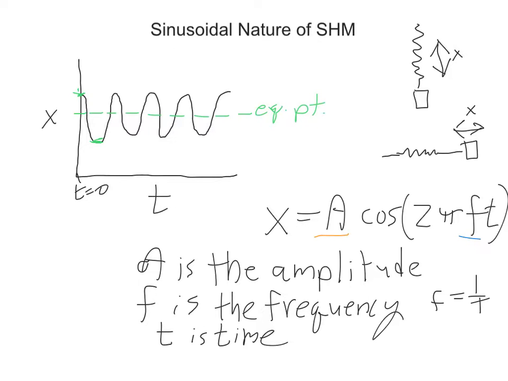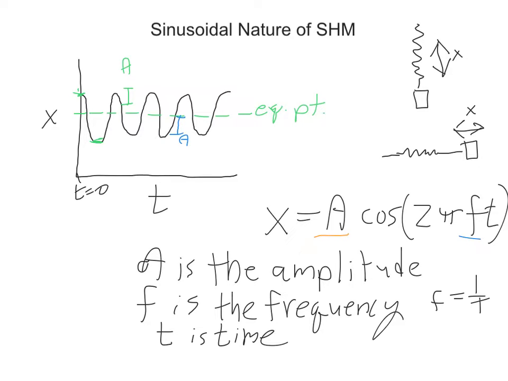The distance from a trough, or the minimum, to that equilibrium point represents the amplitude of the oscillator. So what I just drew in here graphically represents the amplitude. Also, we could measure from the equilibrium point to the maximum displacement downward, which would also represent the amplitude.